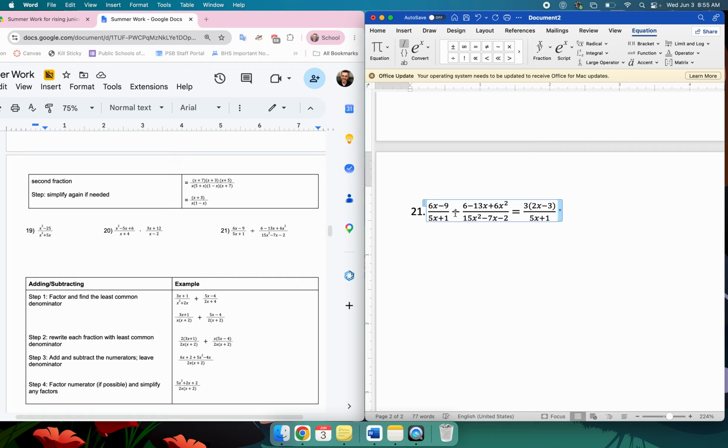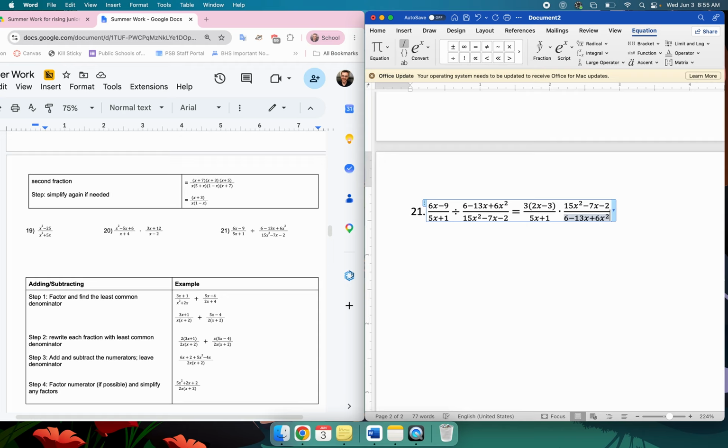And then as far as the division by this guy, that's the same thing as multiplying by the reciprocal. So it's basically keep it, change it, flip it. Keep this guy, change this to multiplication, flip this guy upside down: 15x squared minus 7x minus 2 over 6 minus 13x plus 6x squared.